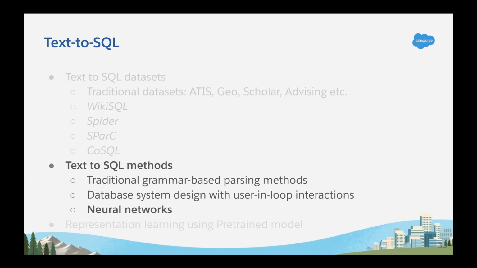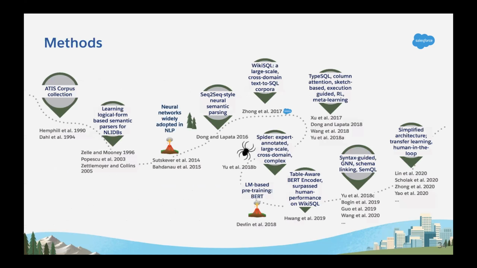Yeah. So next, I will talk about the methods for text-to-SQL. Since the 1990s, when the first text-to-SQL dataset ATIS came out, people started to design different models or methods for the text-to-SQL task. It starts from the traditional grammar-based parsing algorithms to some database areas using a human in the loop to design their database.